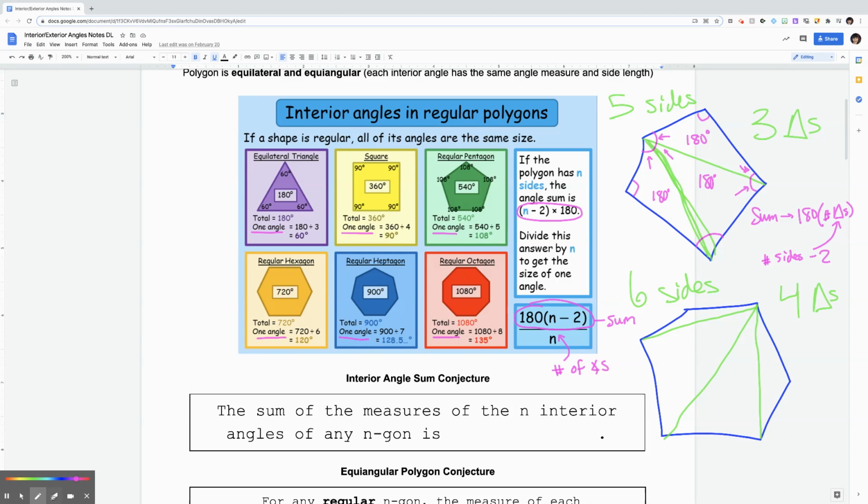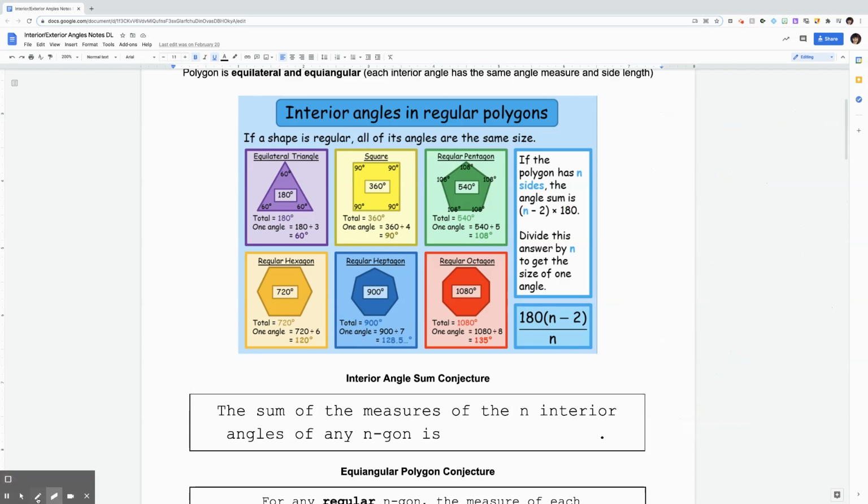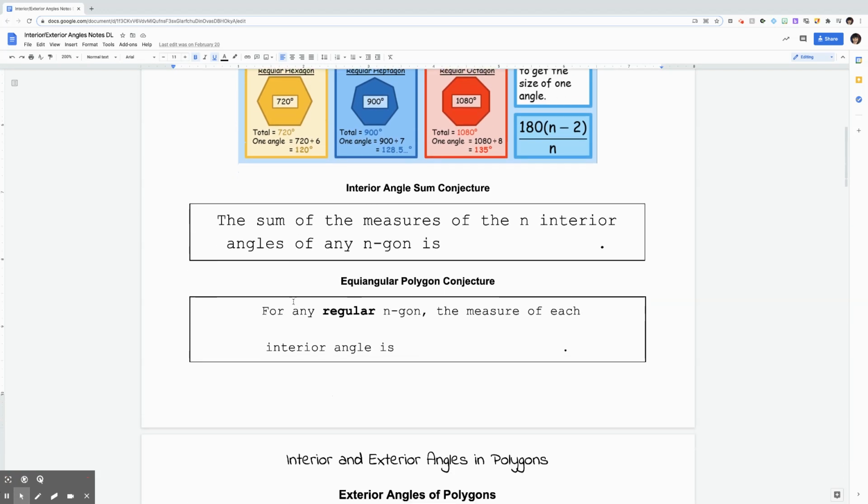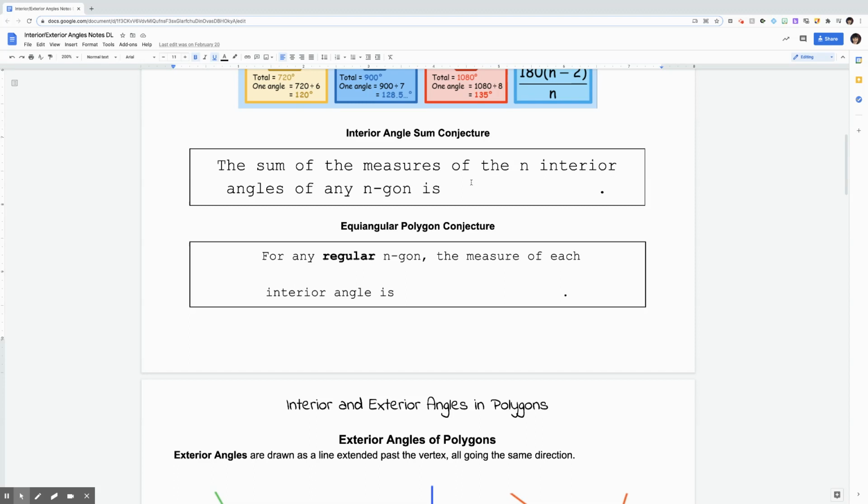So I'm going to clear my screen here and actually write what these equations are. So the sum of all of the interior angles is 180 times n minus 2, where again, n is the number of sides.